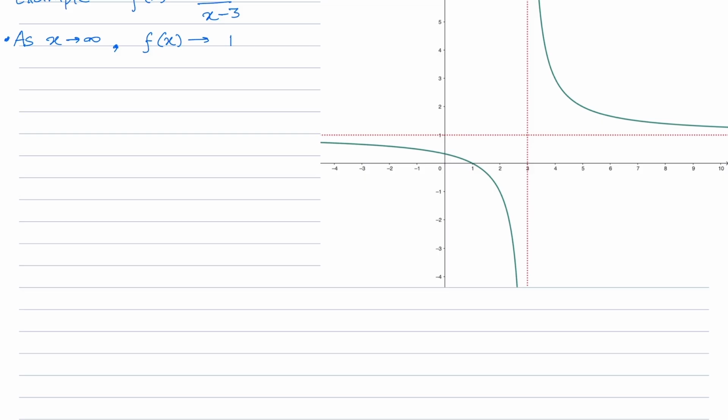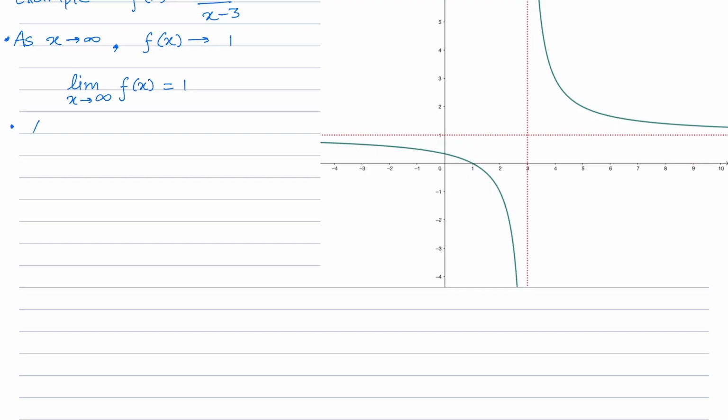This can also be written as when x is approaching to infinity, we say limit, under that we define the limit of x, f(x) is going to 1. So we say limit of f(x) is 1.